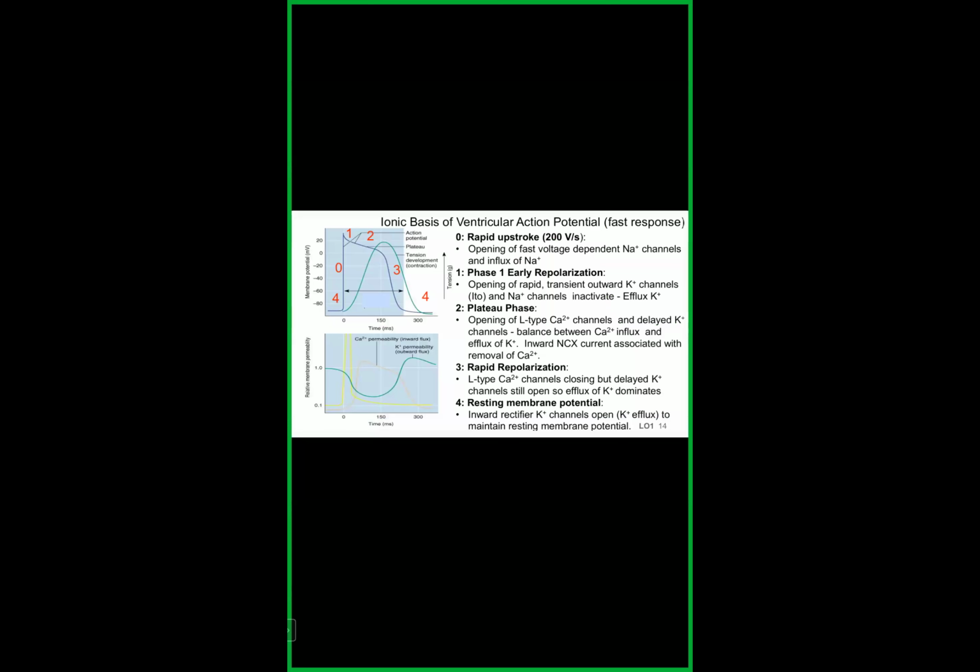This slide is from your lecture, and it explains each part of the ventricular action potential. Like I mentioned, in phase 0, we have the increase in sodium, so we have the depolarization part. At phase 1, we have the opening of the potassium channels, which leads to repolarization, where the membrane potential becomes more negative.